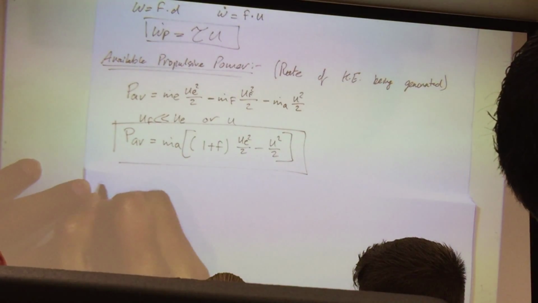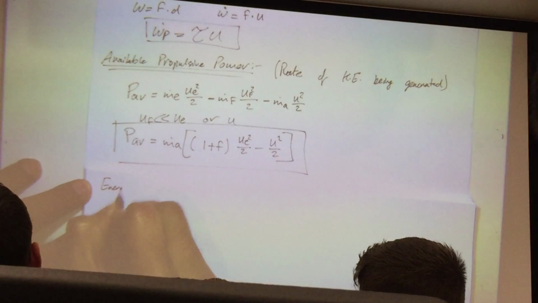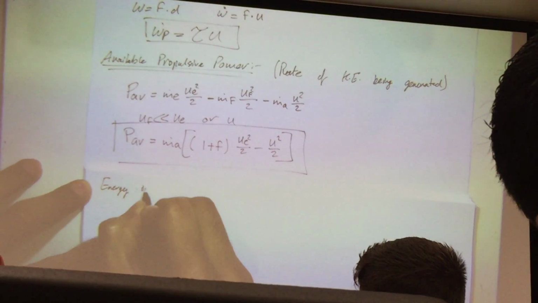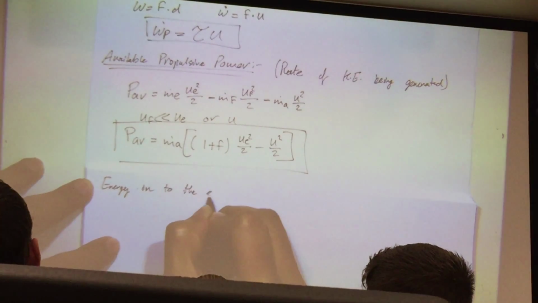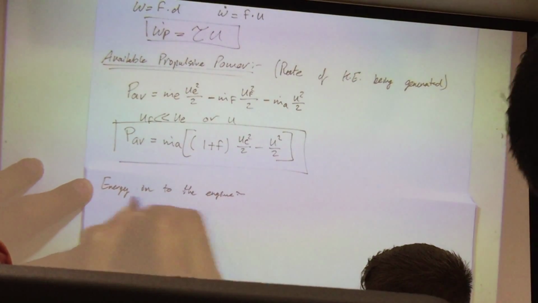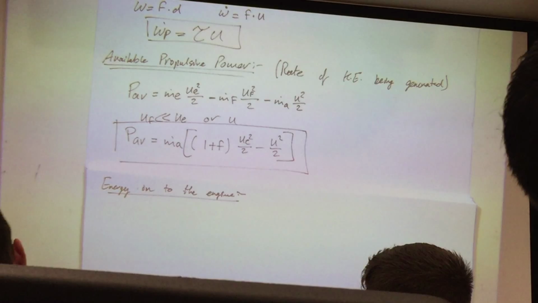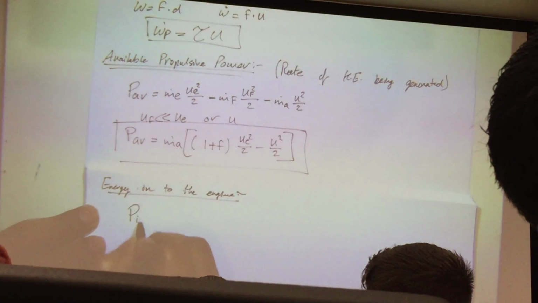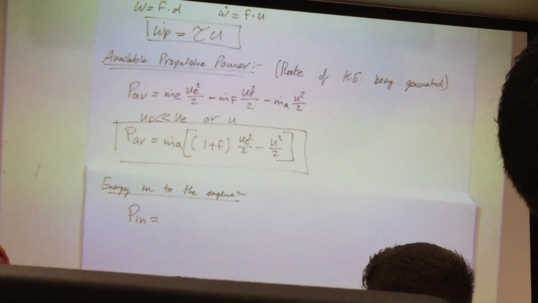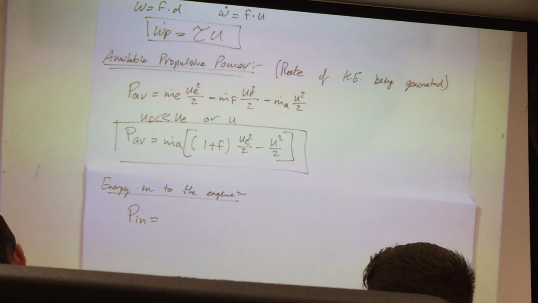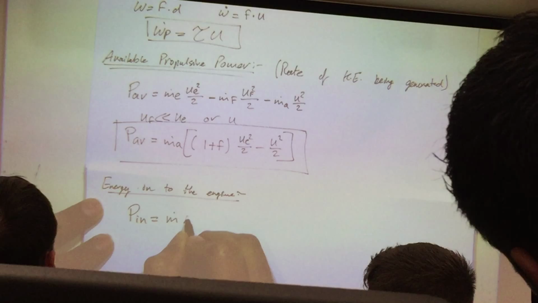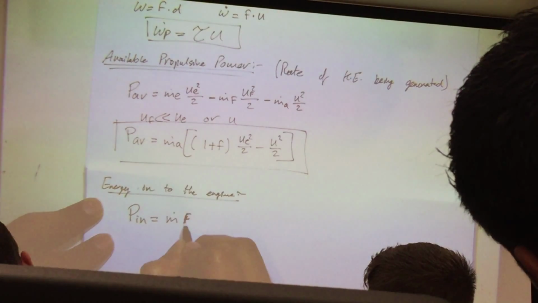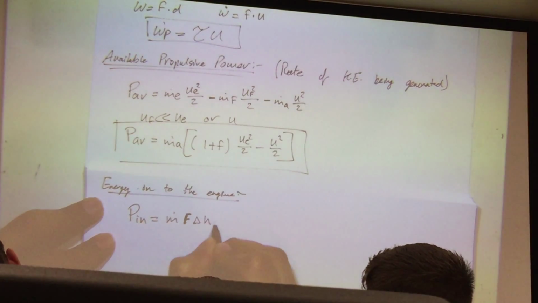So, how much energy are we putting into the engine? That's what we call P in, and that's equal to the heat release, so really it's just Q. It's m dot multiplied by the fuel to air ratio that we're putting in multiplied by the heat of combustion.